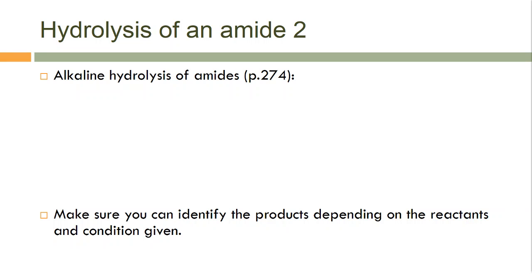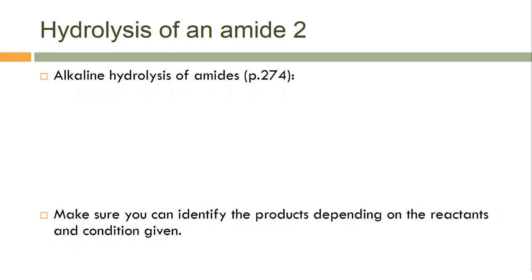Alright, so I hope you find the right places there. Alkaline hydrolysis of amides, that's on the next slide. And one last note there. Make sure you can identify the products depending on the reactants and condition given.